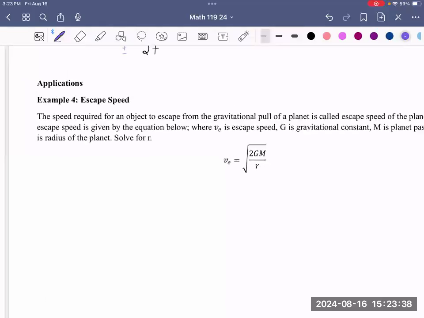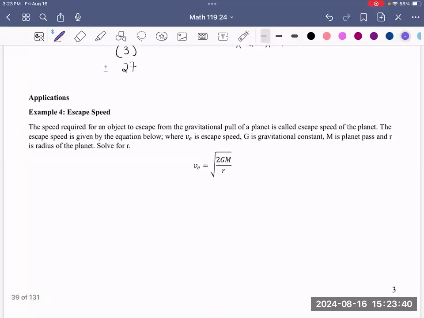It says the speed required for an object to escape from the gravitational pull of a planet is called escape speed. The escape speed is given by the equation below, where V sub E is the escape speed, G is the gravitational constant, M is the planet mass, and R is the radius of the planet.